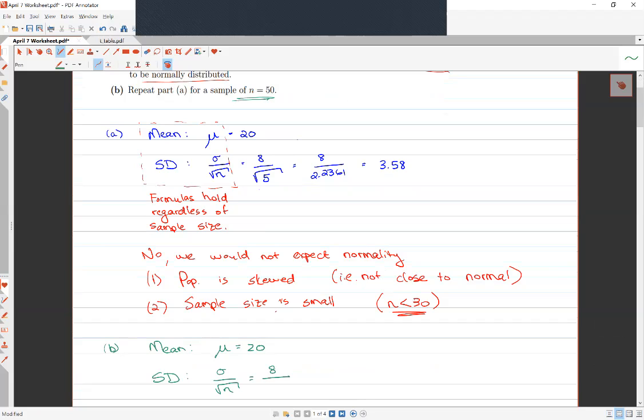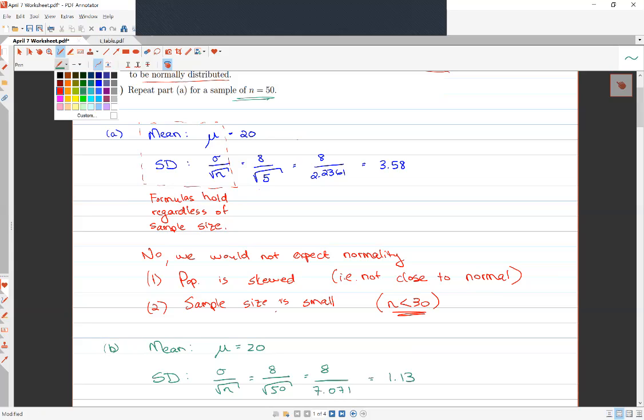So in this case, it's just the value of n has changed. So instead of dividing by square root of 5, we're dividing by square root of 50, which is 7.071. So if we do this division and round to 2 decimals, our standard deviation is 1.13.